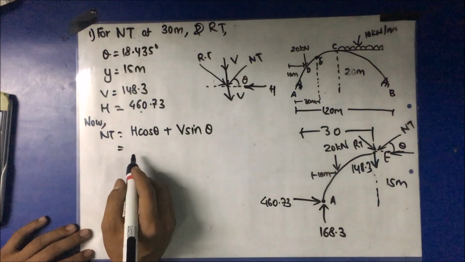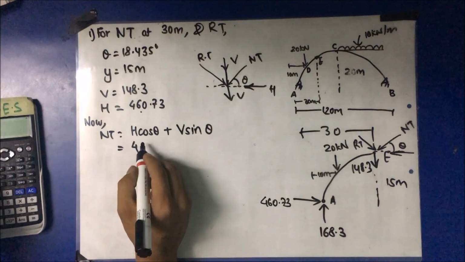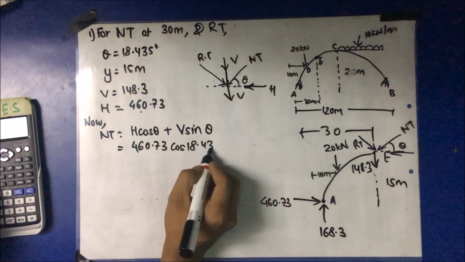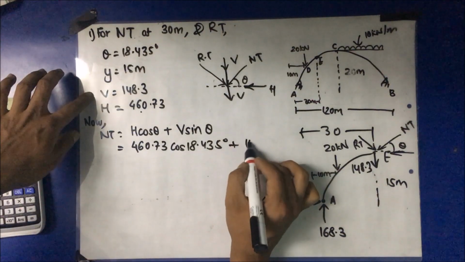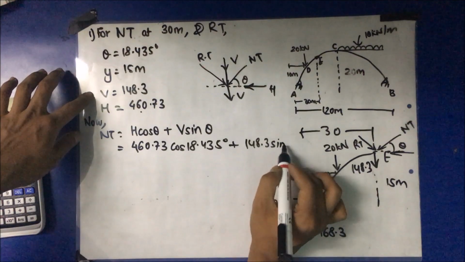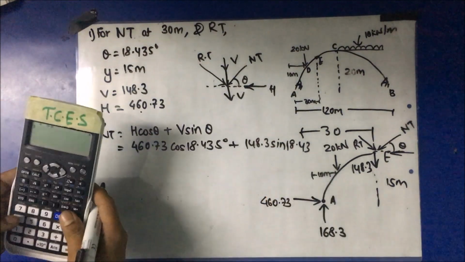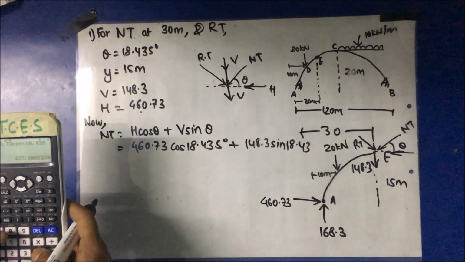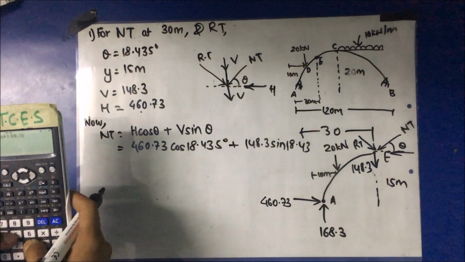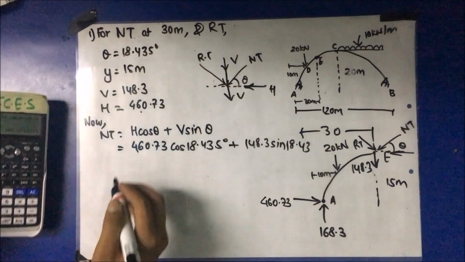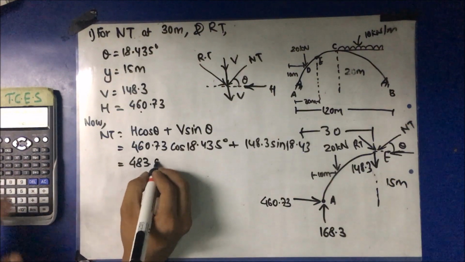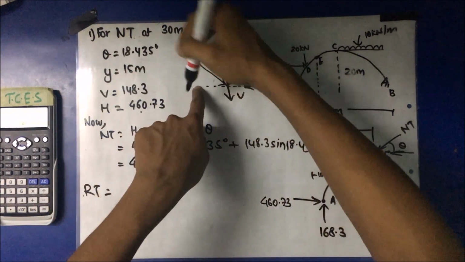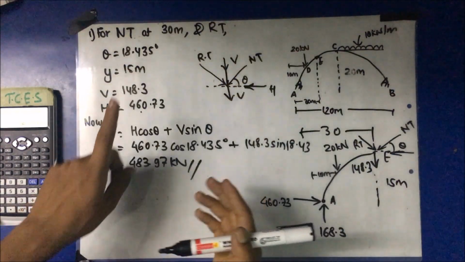Substitute the value of V and H and theta: 460.73 cos 18.435 degree plus 148.3 sine 18.435. So it is 483.97 kilonewton.